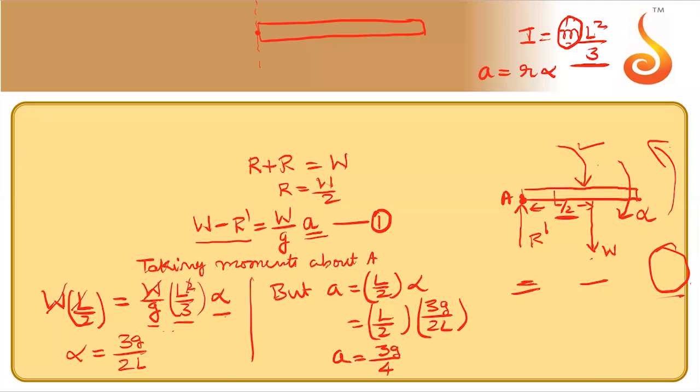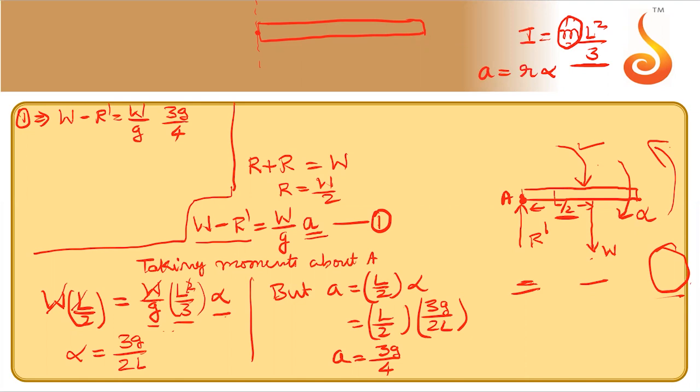Now substitute this in equation 1. So W minus R dash equals W by G into A, which is 3G by 4. G and G go off.